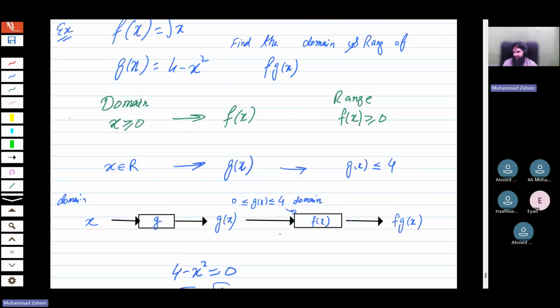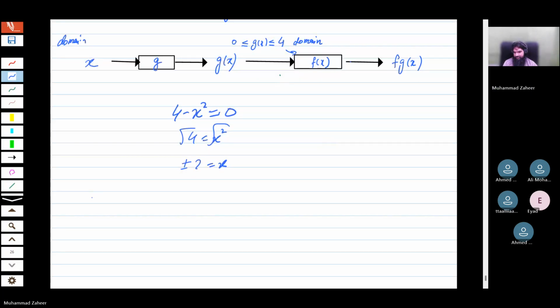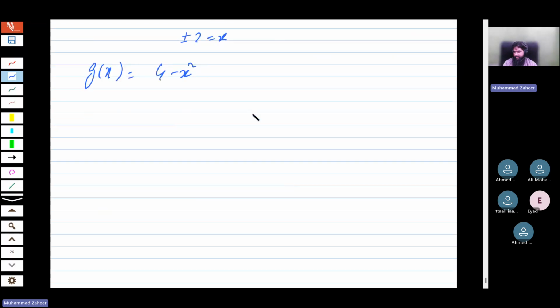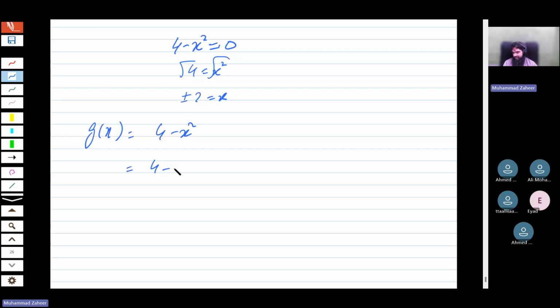If you substitute in g of x equal to 4 minus x squared, let's substitute minus 2. The answer is 0. If you substitute minus 1, the answer is 3.